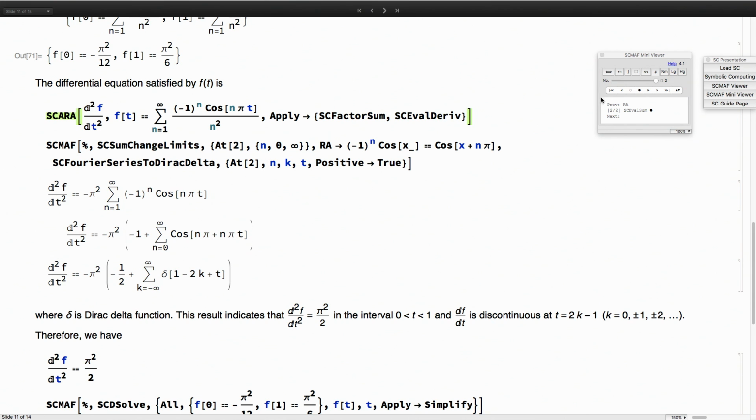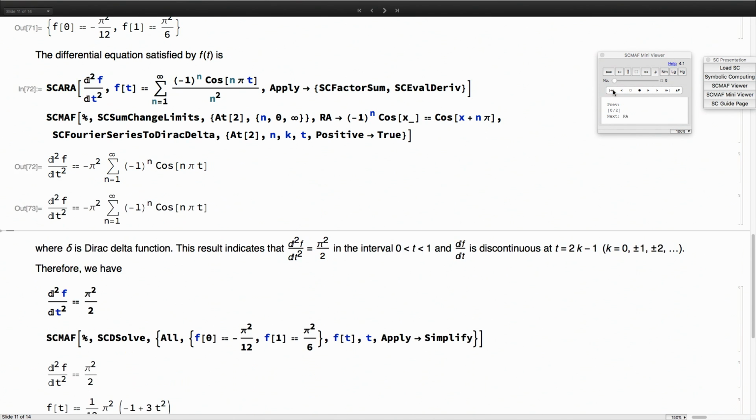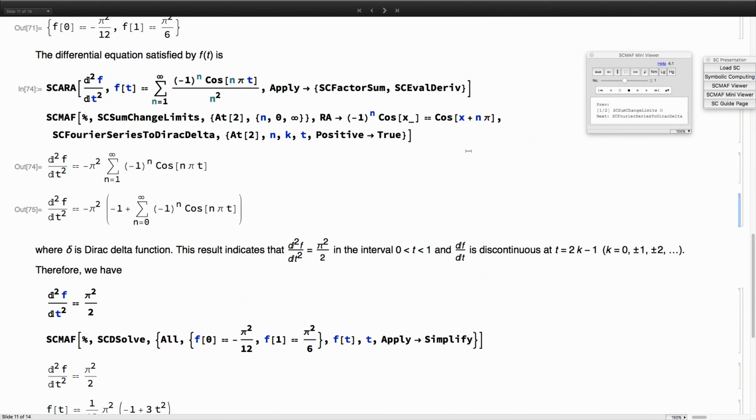Then the differential equation. Well, this is an infinite cosine sum. And if you try to evaluate it, you will not, because this is an infinite sum, and it is not convergent. But using the theory of Fourier series, you can show that it is written in terms of a Dirac delta function.